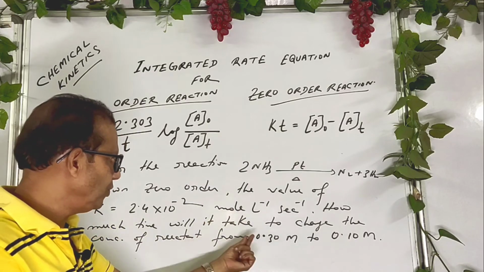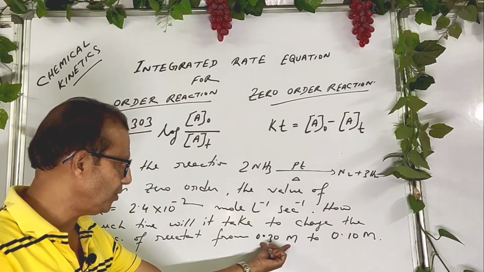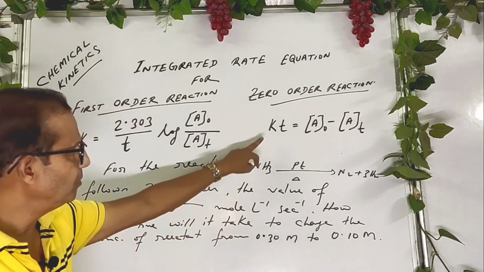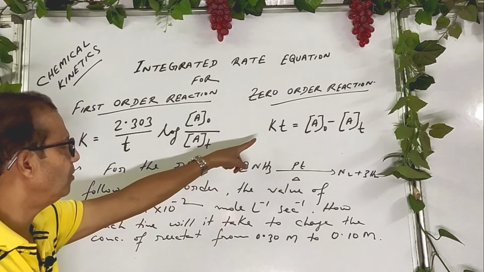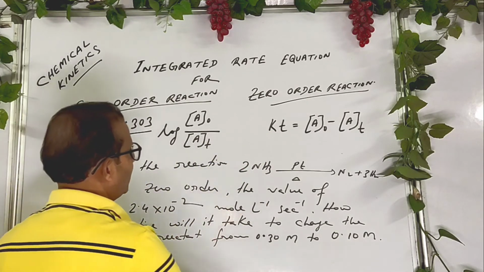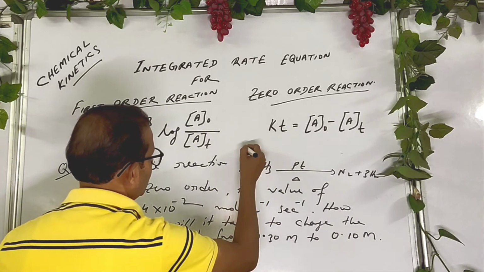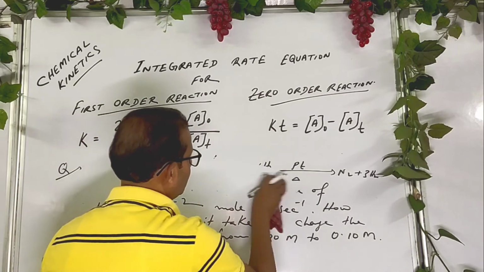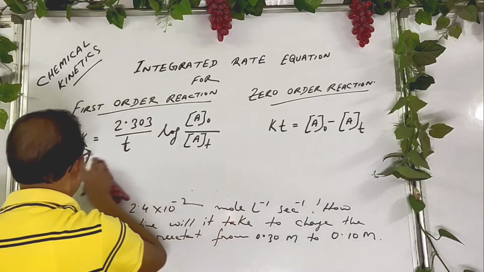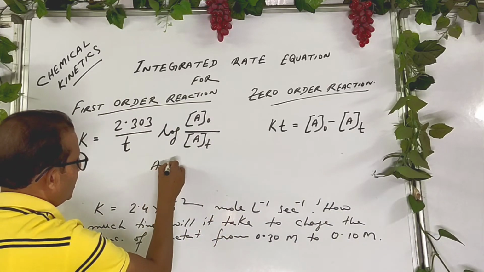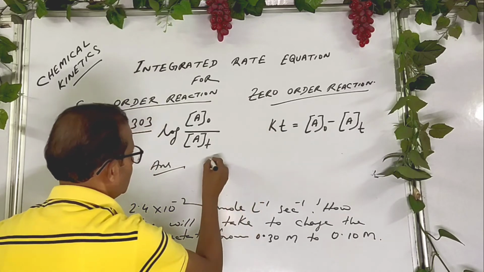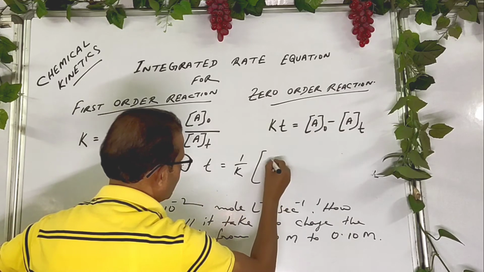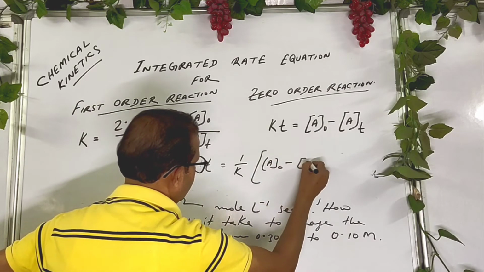Calculate the time taken to reduce the initial concentration of reactant, that is 0.30, to the remaining. Put directly in this formula. The value of K is given, you have to calculate the time. You know that for zero order reaction, the integrated rate equation is: time taken equals 1 upon K into A naught minus A t.